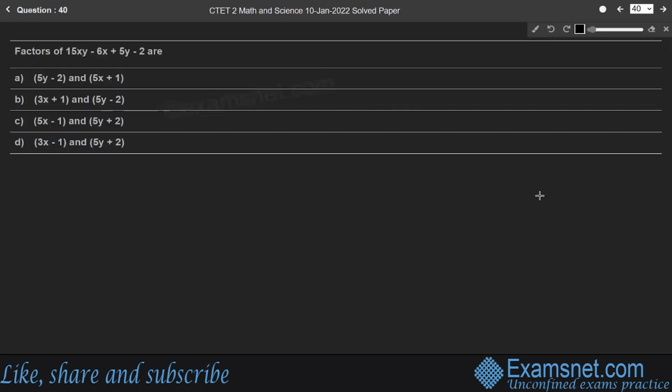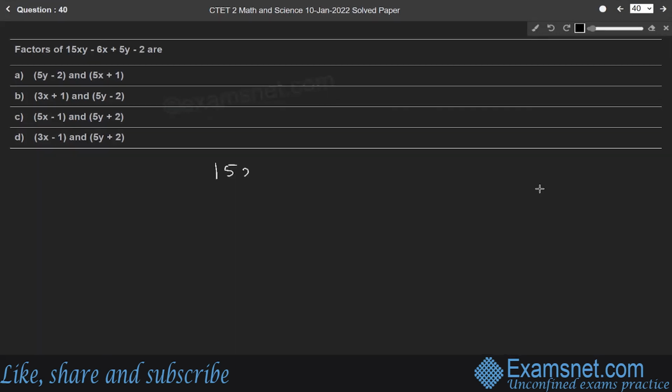Question 40. Factors of 15xy minus 6x plus 5y minus 2 are. So the given expression is 15xy minus 6x plus 5y minus 2. So here 3x is the common term.